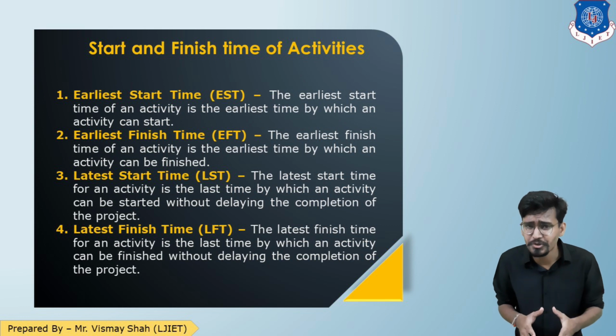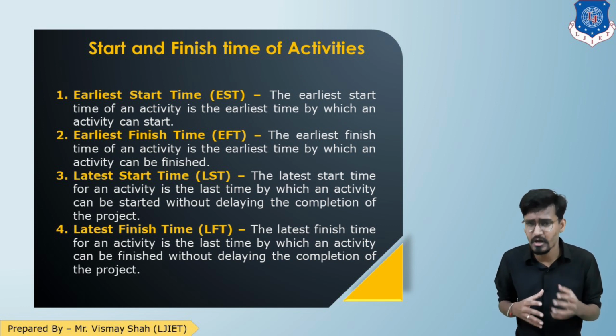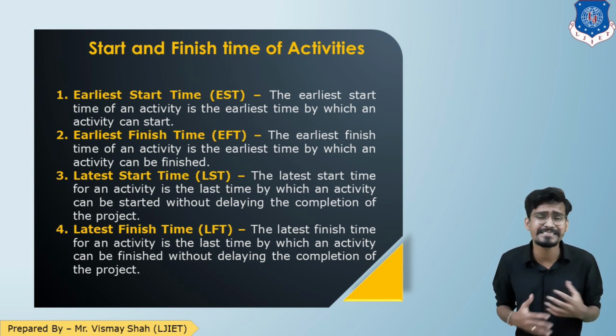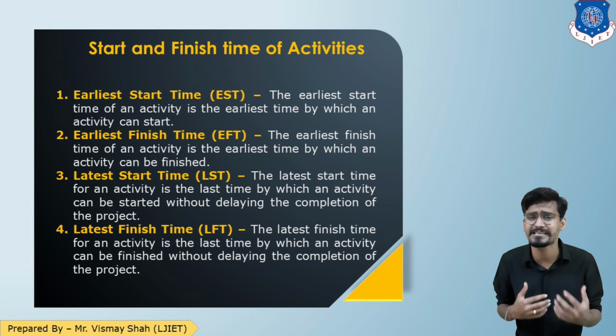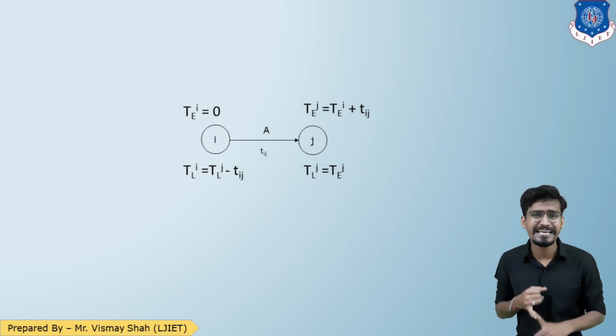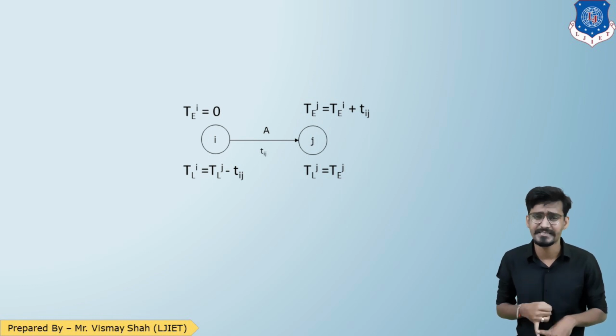But that was the theory portion. Now in the actual network, or the example which we saw in the previous slide, how do we find EST, EFT, LST, LFT in the network? So that was our example: TEI equals 0, TEJ equals TEI plus TIJ, TLJ equals TEJ, and TLI equals TLJ minus TIJ.